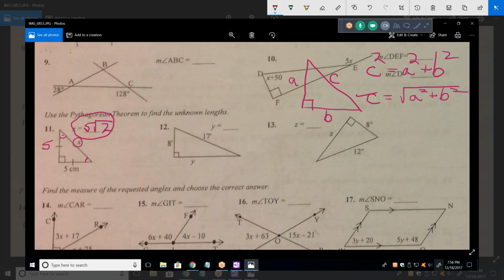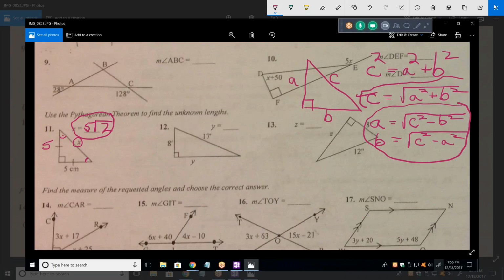If I'm solving for one of the short sides, let's say A, the quick way to do it is the hypotenuse squared minus the other short side squared. And if I'm solving for b, it's just the reverse. So these two go together when you're solving for a short side. And when you're solving for a hypotenuse, this is the one you use.